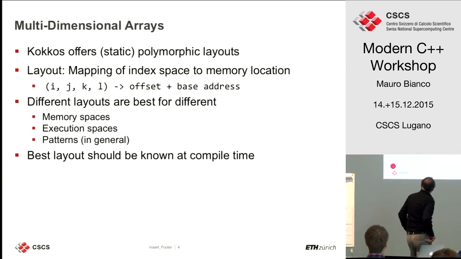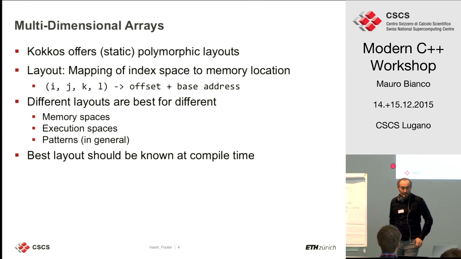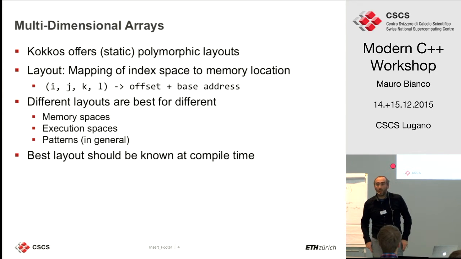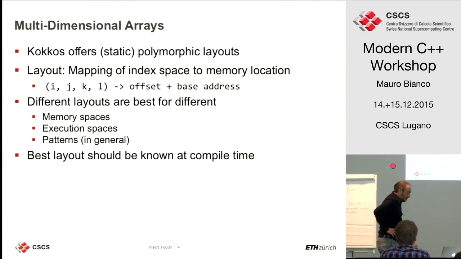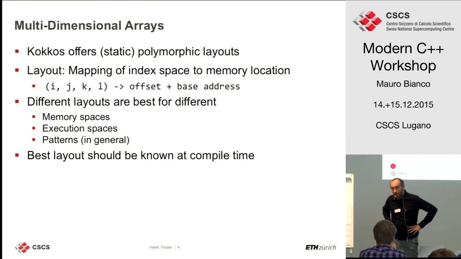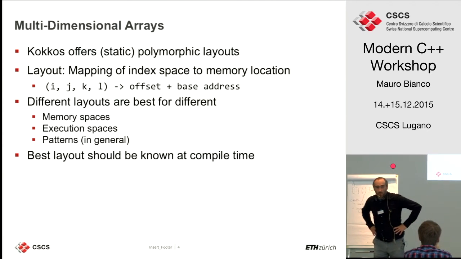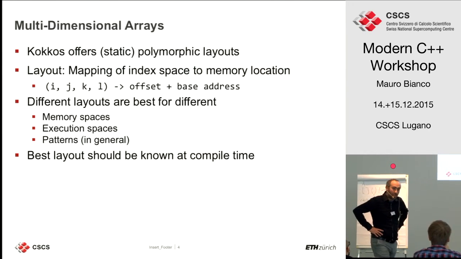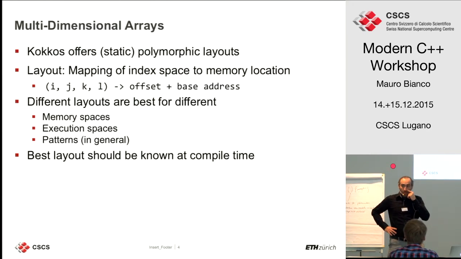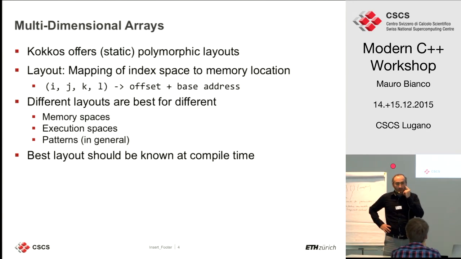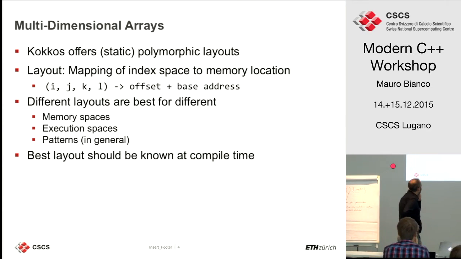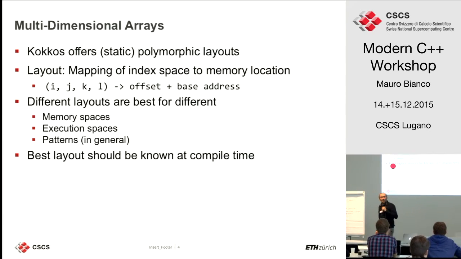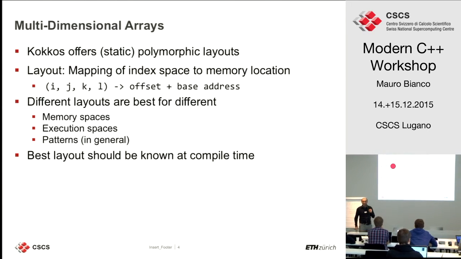One thing that Kokkos offers is multidimensional arrays. And here we can open a little parenthesis. C++ does not support, well, multidimensional arrays. And this is what every Fortran programmer will always tell you with a little bit of superiority coming in and say, yeah, but you don't handle multidimensional arrays.